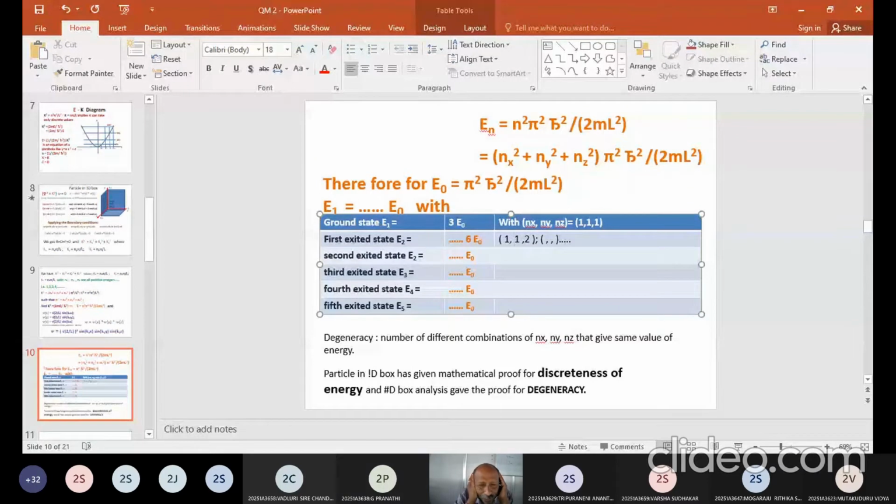But is this the only way to get it? No, it can be 2 1 1 also, and 1 2 1.